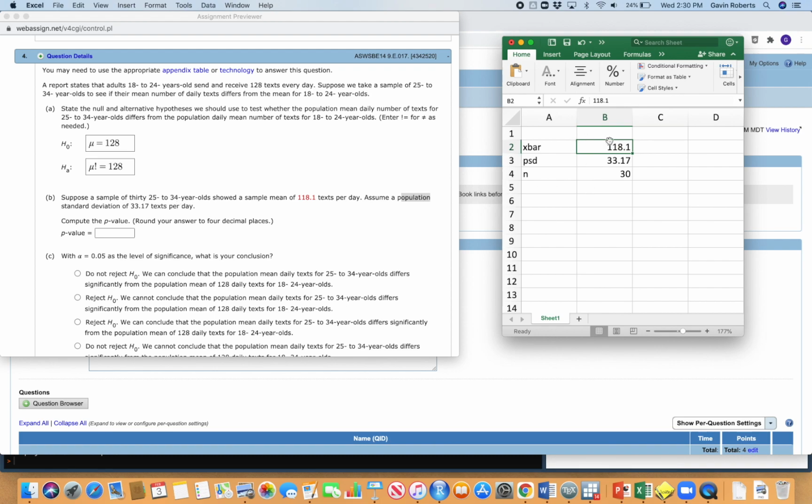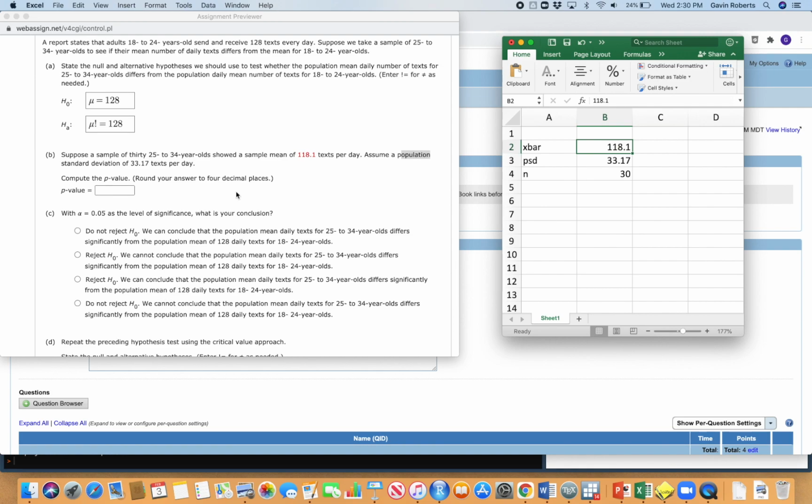I know that 118 is less than 128, so can't I just stop and be like, yes, they're different? The answer is no. No, because this 118.1 is just the sample average from this sample of 30. And you know that sample averages, X bars, are a random variable.